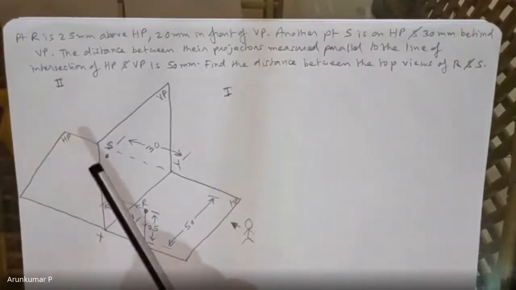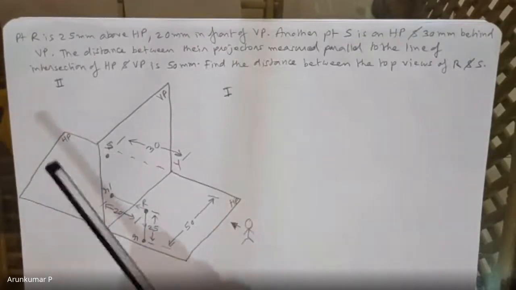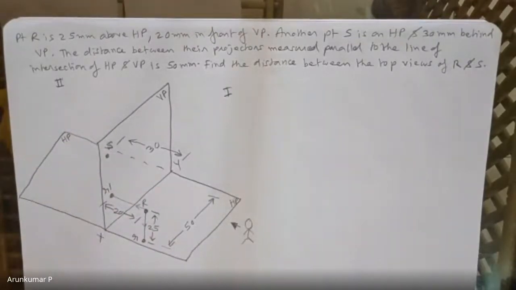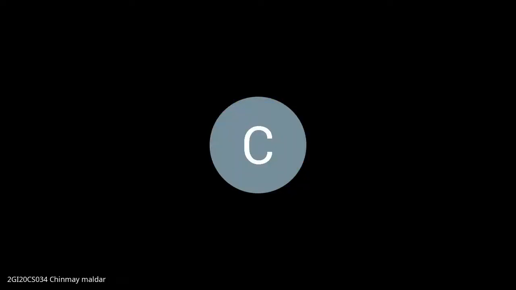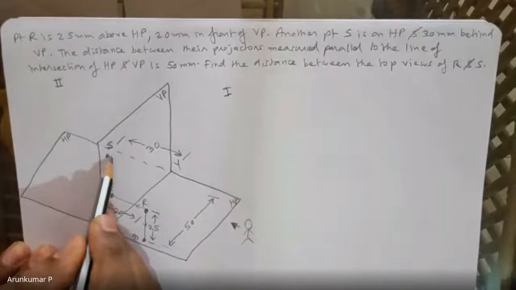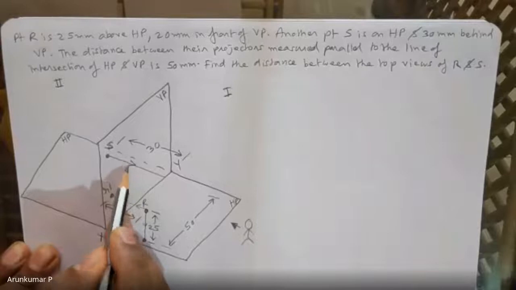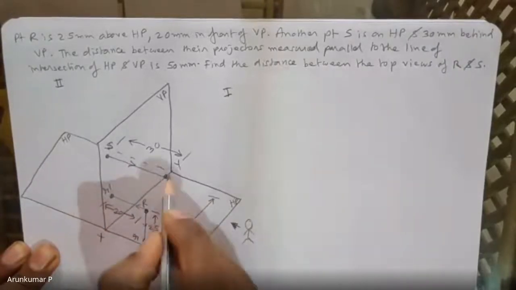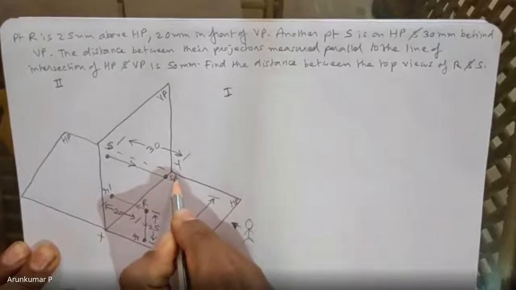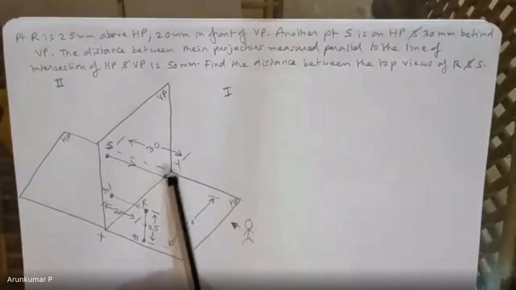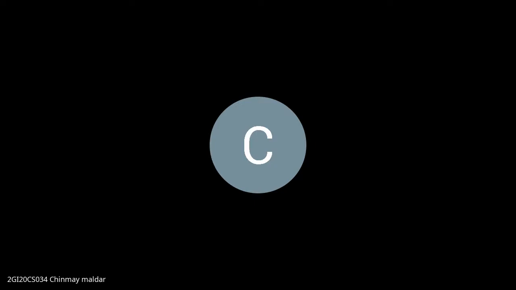Now I have to draw the front view of S and the top view of S in the second quadrant. So where do you think the front view of S will come? On XY line. Exactly. On XY line. Please observe. S dash on XY line. Where is the top view of S? On HP, same position.